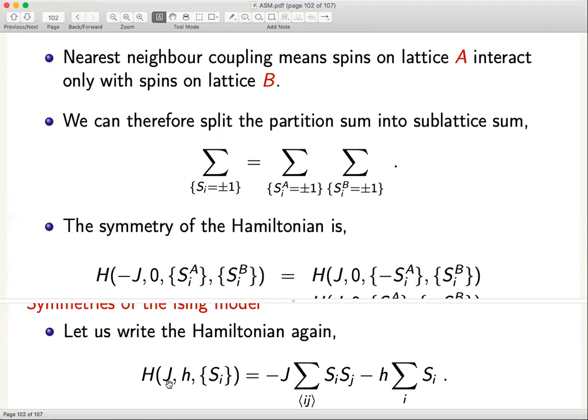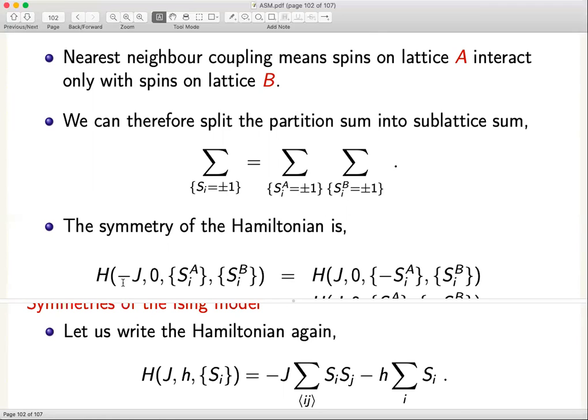But if you flip the sign of J, then of course you have flipping the sign here. But you know that if Si belongs to sublattice A, then Sj belongs to sublattice B, and you're summing over all these configurations.